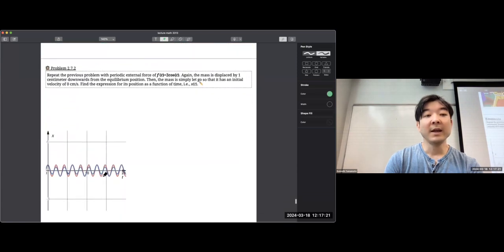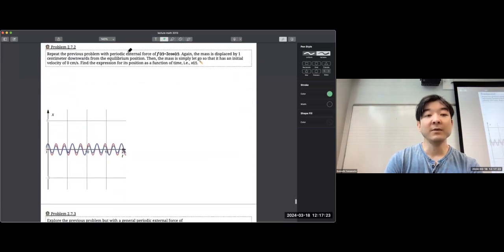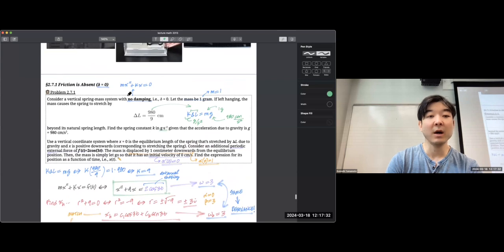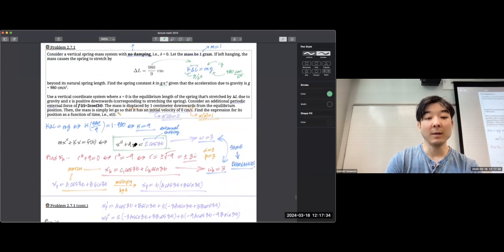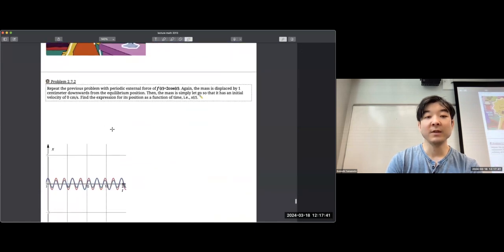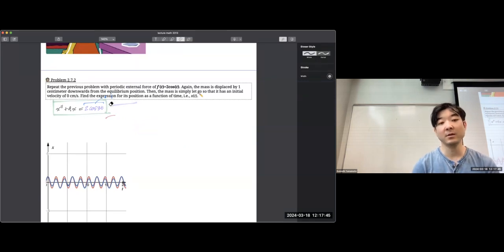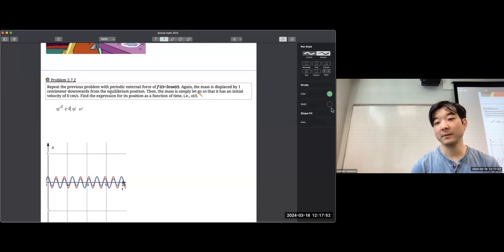So let's look at the same previous problem, but now we have a periodic external force of 2 cosine of t. So we're going to have the same problem as this. All I'm going to do is take this right here, but the difference is now I'm going to take the external force to be equal to this 2 cosine of t.